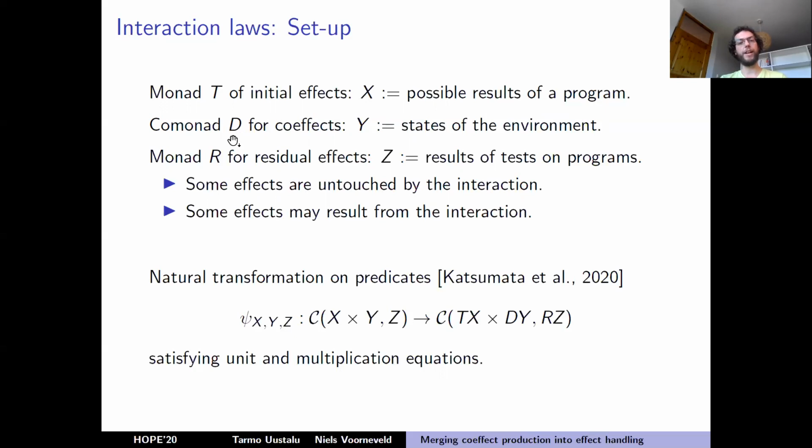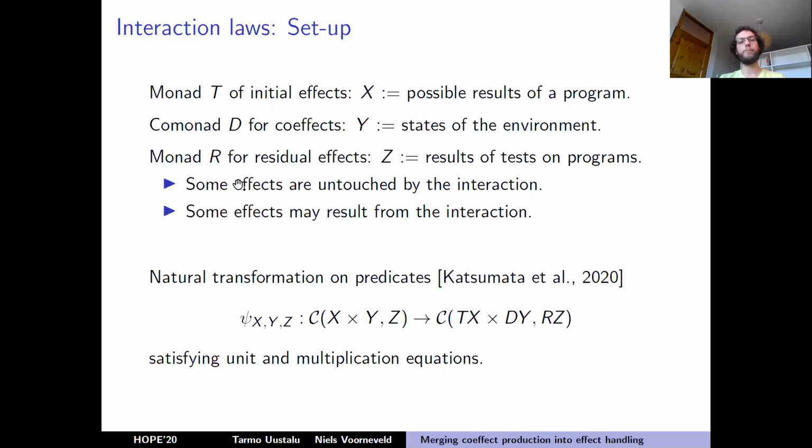We have a co-monad for the coeffects that can be produced by the environment, which is then applied to a parameter for states of the environment. So y is not a state of the environment, it's a set of states of the environment. And we have another monad for the residual effects that may result from the interaction.